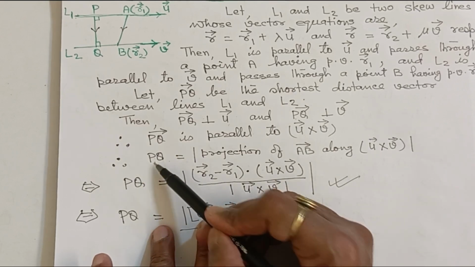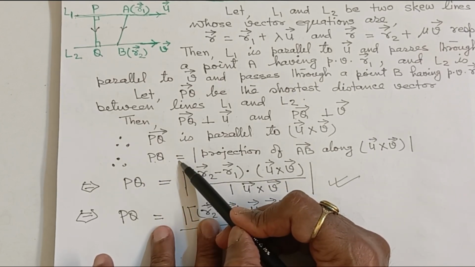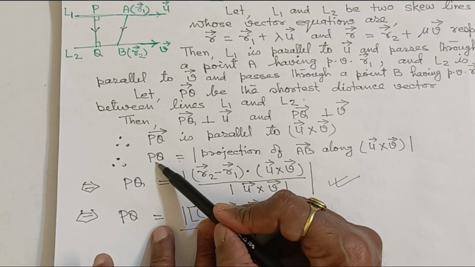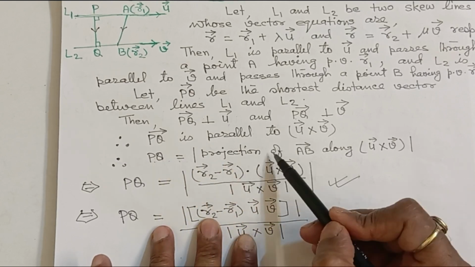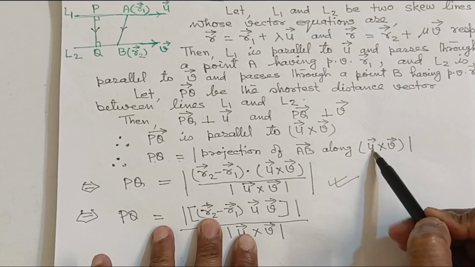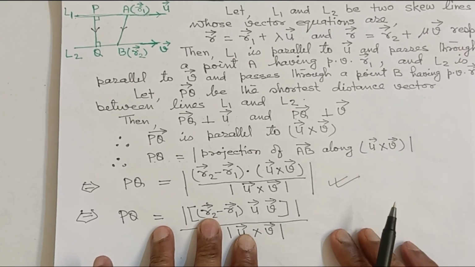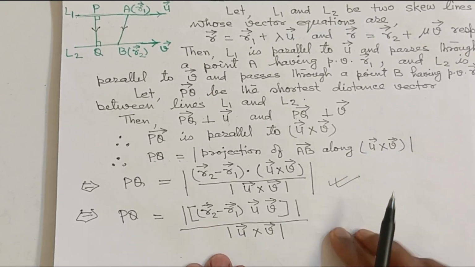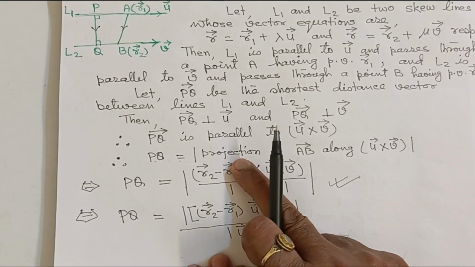So PQ, not a vector but a scalar, is equal to the projection of AB along vector u cross vector v. Projection is given by the dot product.